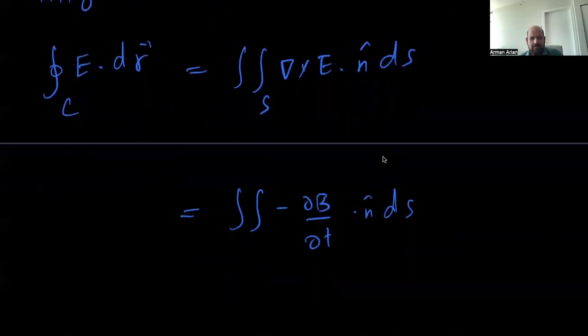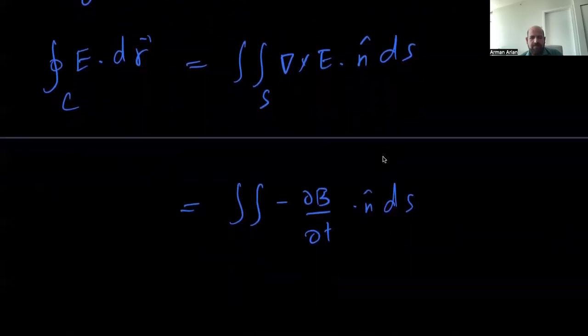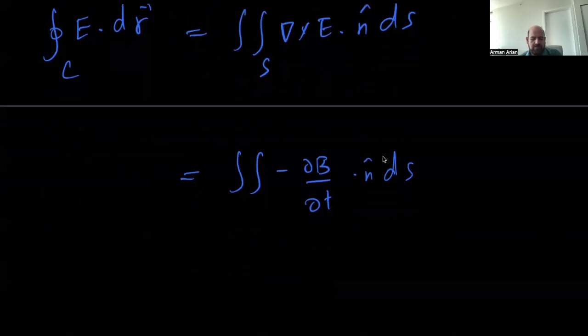But how can we simplify this? To simplify, we want to use a theorem so that we can move this differential d to dt outside the integral. That is called the differentiation under the integral sign theorem.